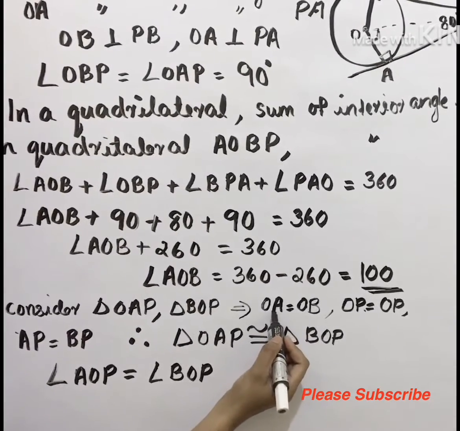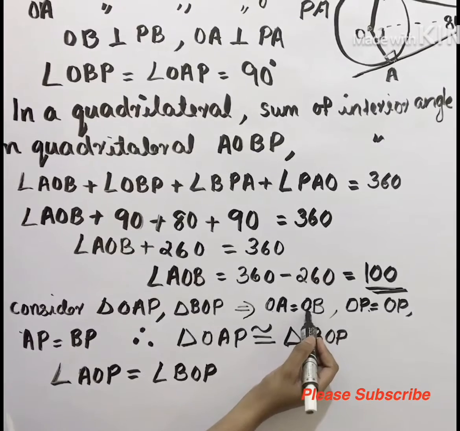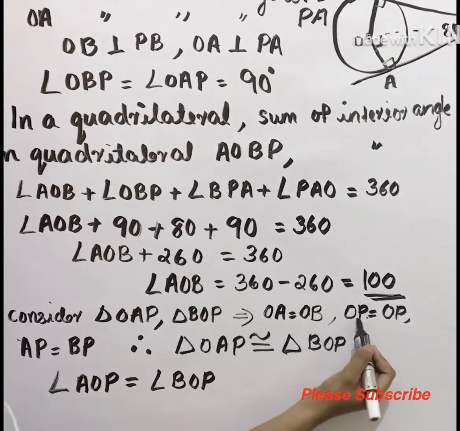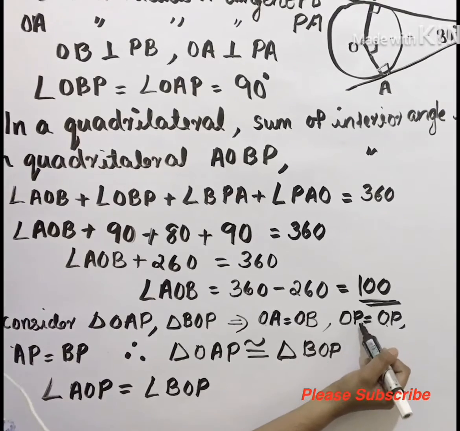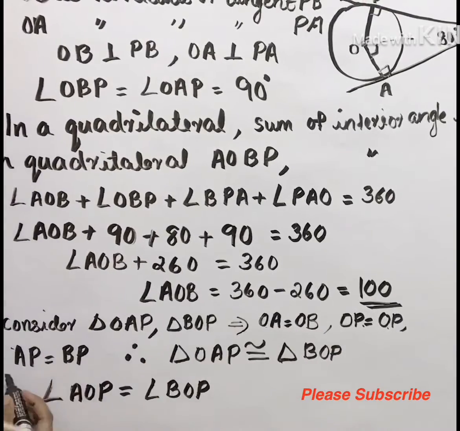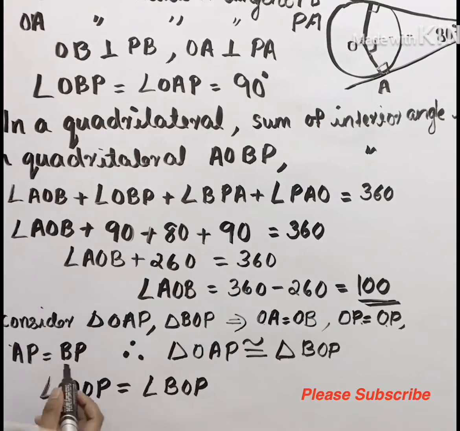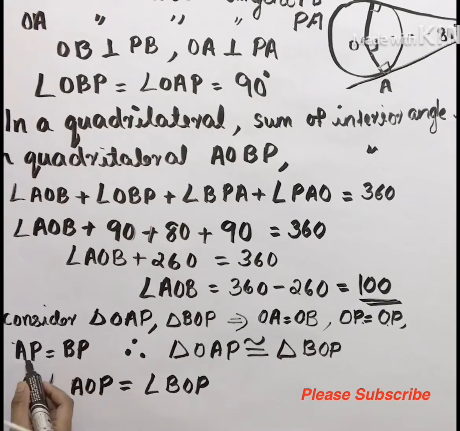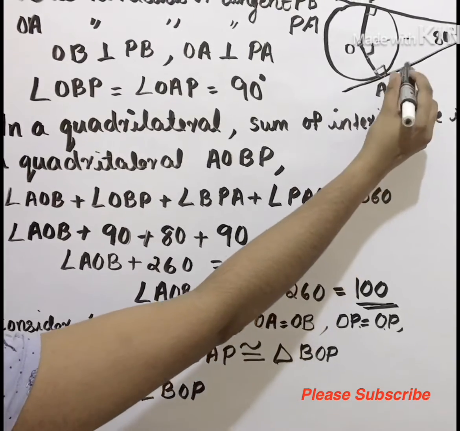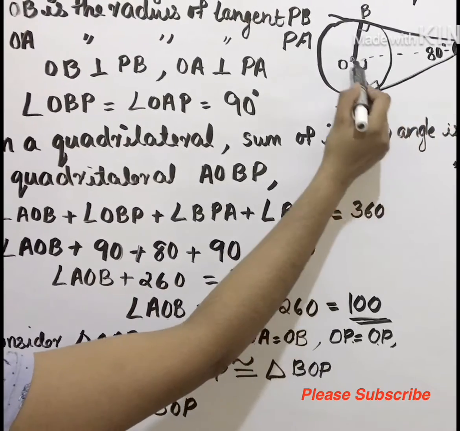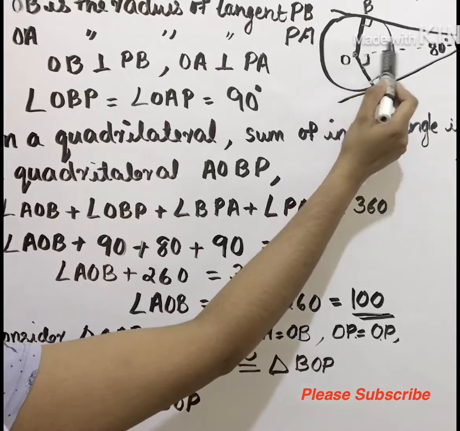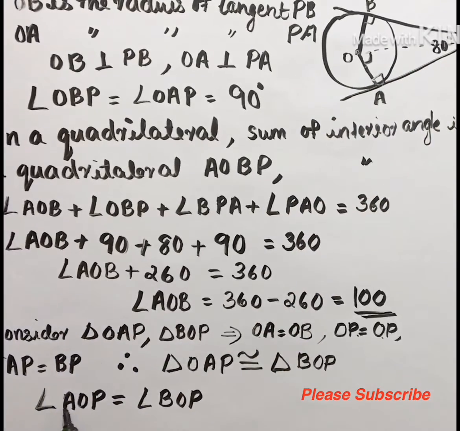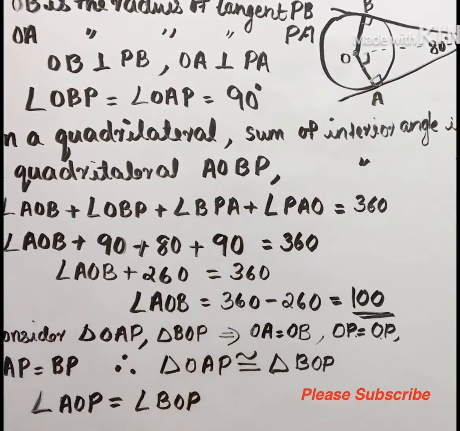Since these triangles are congruent, the angles opposite to the equal sides are equal. The angle opposite to AP is AOP, and the angle opposite to BP is BOP, so these angles are equal.